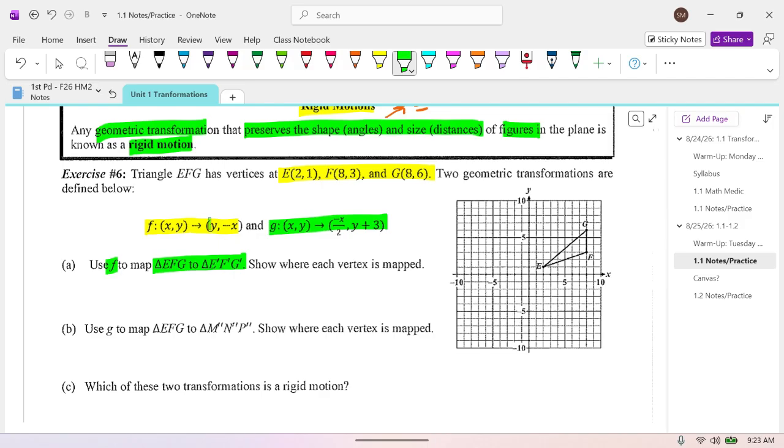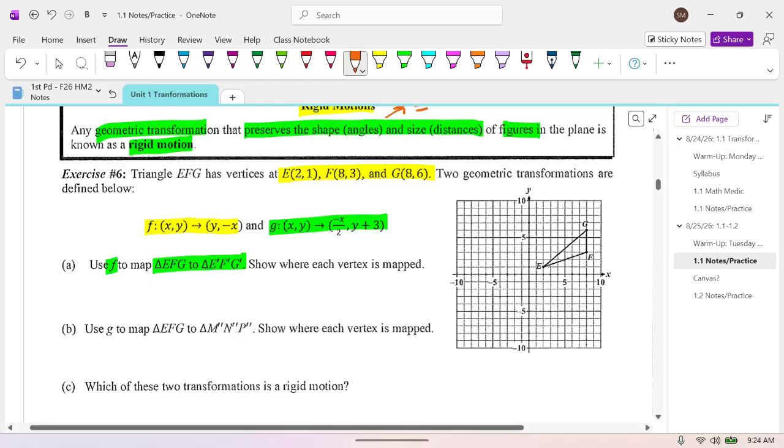So can someone tell me what's happening with the points? They're switching the X and Y, and they're also doing what? They're changing the original X value to be negative. So new Y, original X, if you want to think about it that way. So if E is 2, 1, what's E prime?